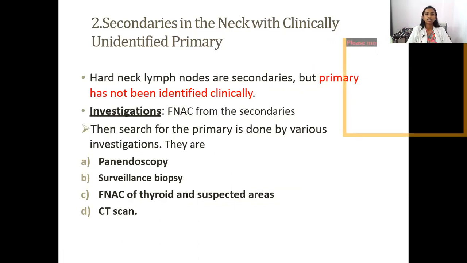So the second type, there are hard lymph nodes. The hard neck lymph nodes are secondaries, but the primary has not been identified clinically.